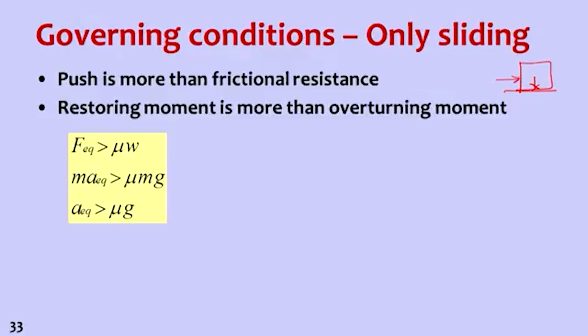Weight means again mass times gravity, so the mass of the object can be removed. If acceleration is greater than frictional resistance times gravity, it will slide. So that's how this equation governs the only sliding condition. That means A should be greater than mu g. It is interesting to note here that geometry is not in the picture.